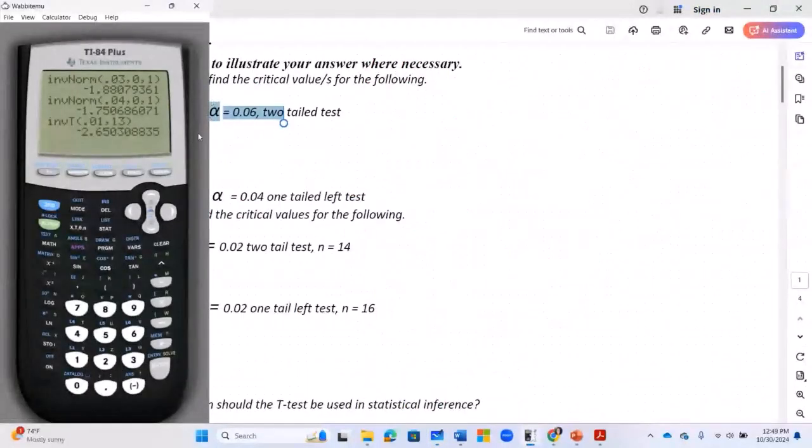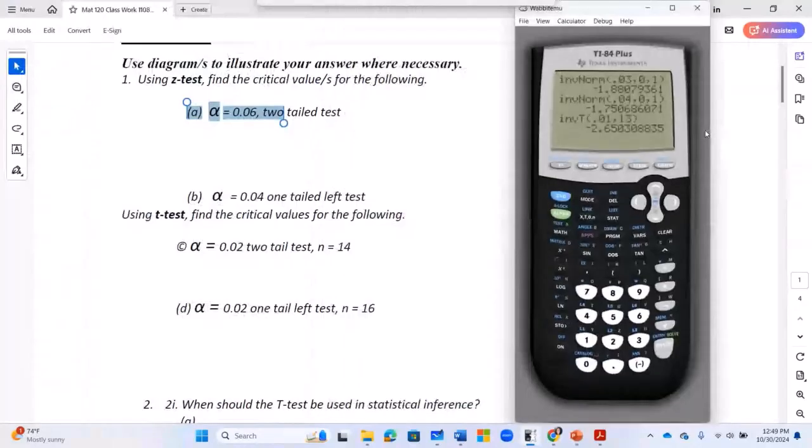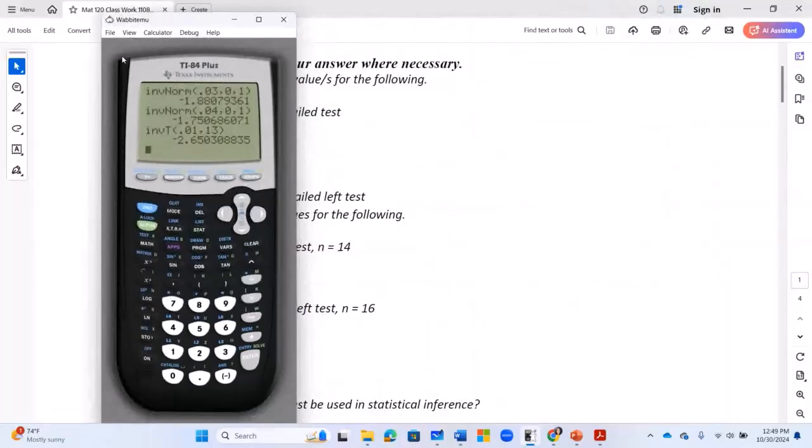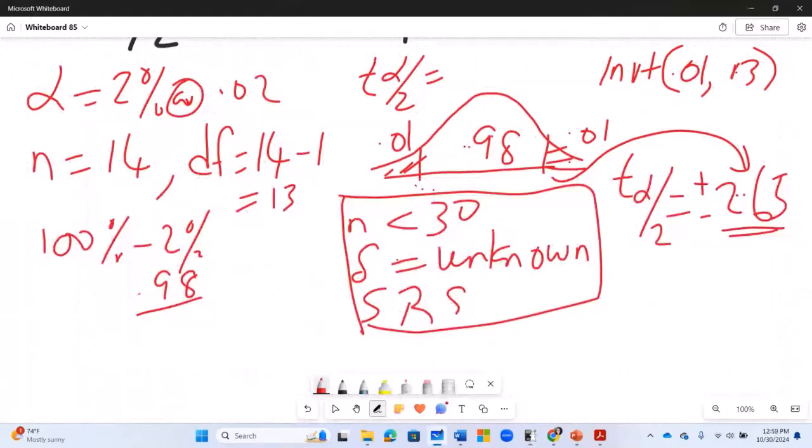All right, so the next question is another question on T. This one is one-tailed. Suppose I have alpha equal to 2%, one-tailed left test. The sample size is 16, and it's only one tail, in other words, I am not dividing alpha by 2. So I'm going to draw a T curve.